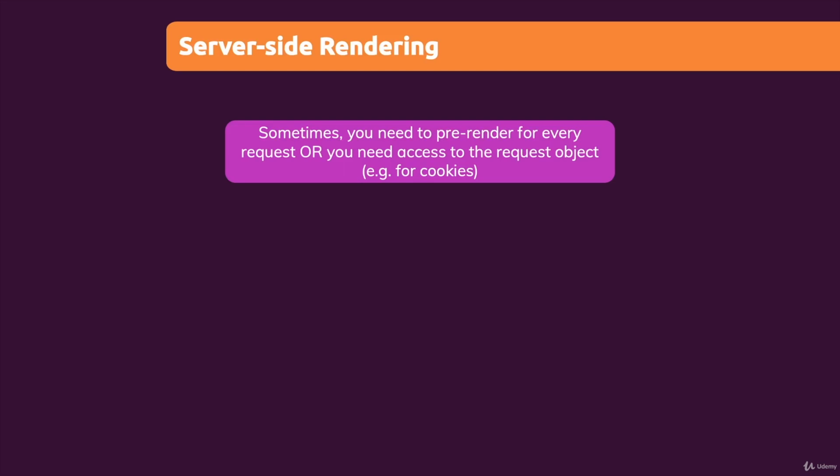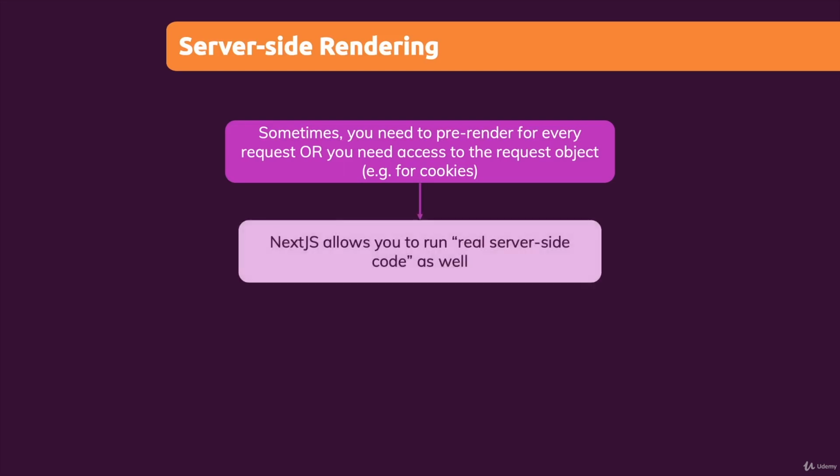The idea is simple. Next.js also supports this run real server-side code use case, which means it gives you a function which you can add to your page component files, which is then really executed whenever a request for this page reaches the server.